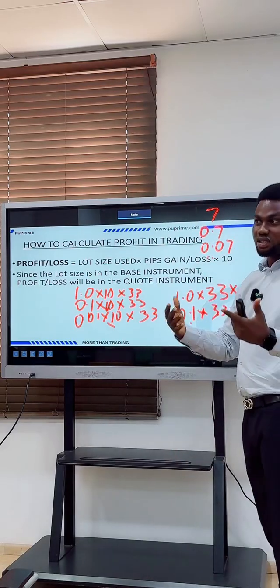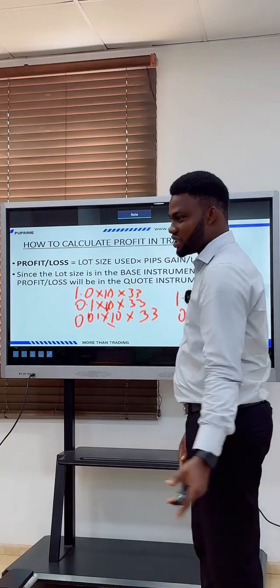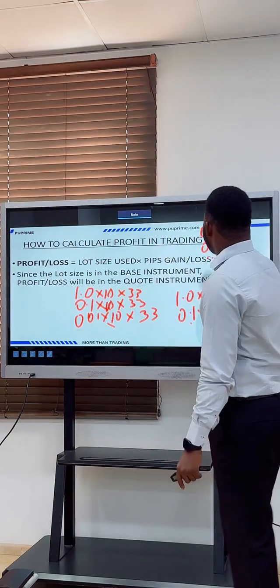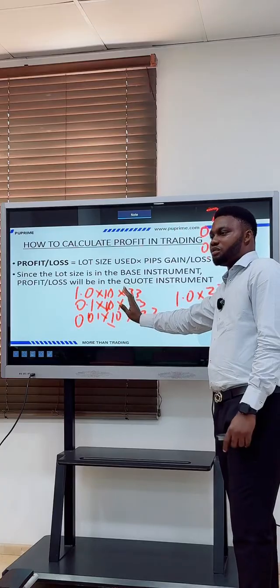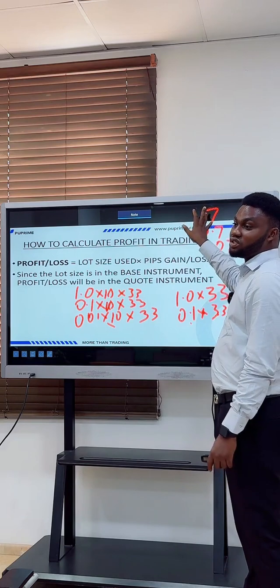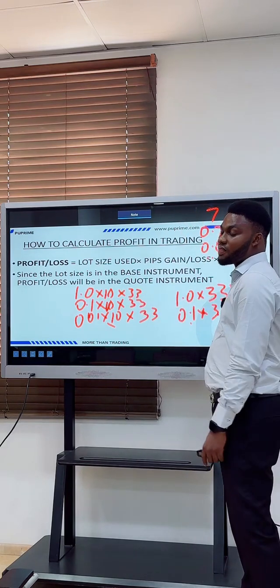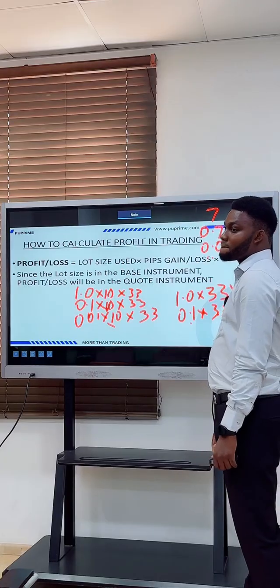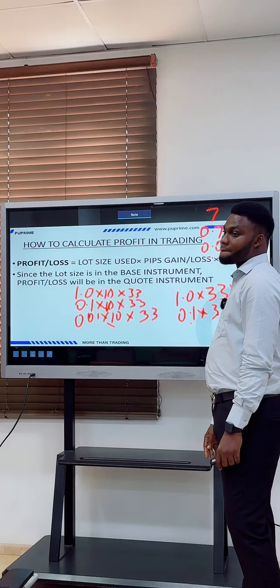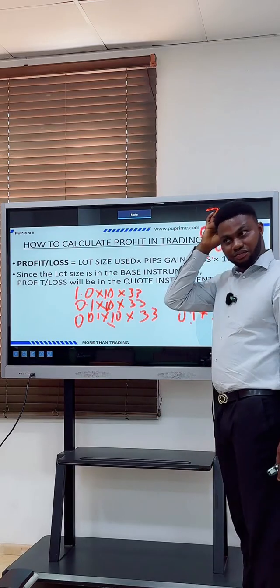You can practice more by yourself. So 7 by 10. Now, still staying with these 33 pips, if the lot size I'm using is 7.0, how much am I going to make with 33 pips? That's a lot.